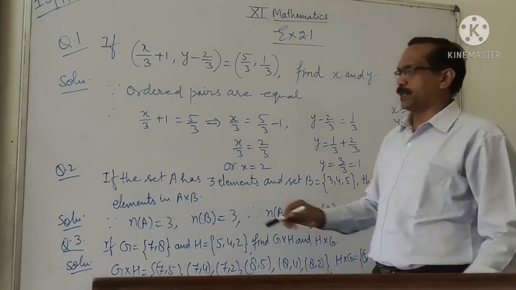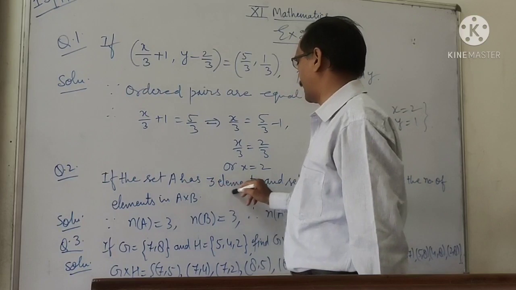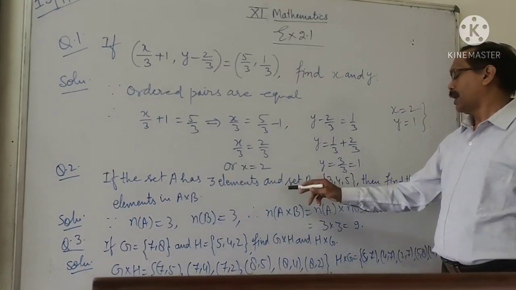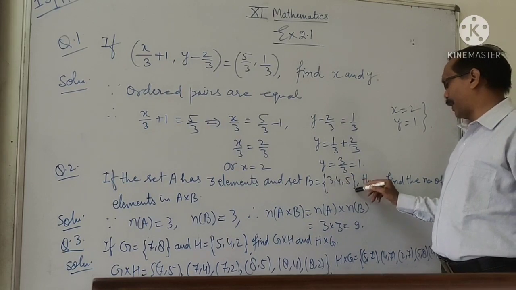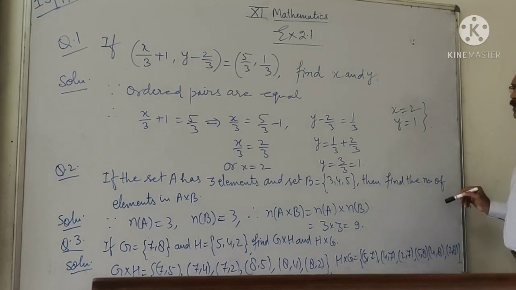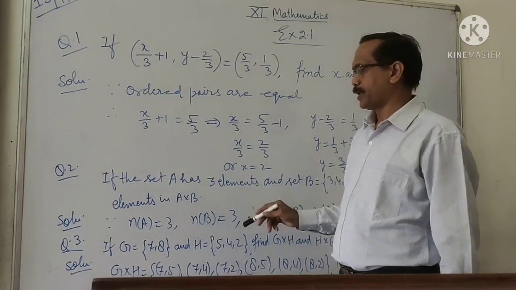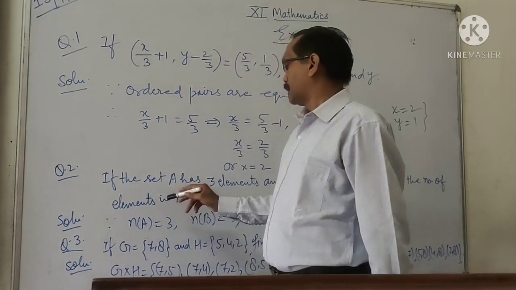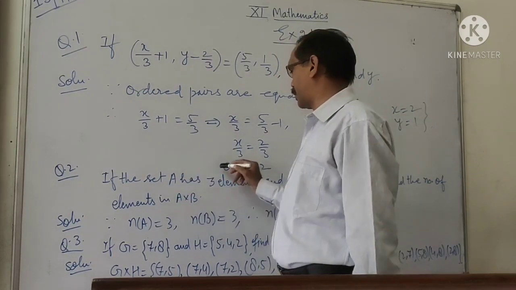Question number 2. If the set A has 3 elements and the set B is {3, 4, 5}, find the number of elements in A cross B. See, the number of elements in set A equals 3.